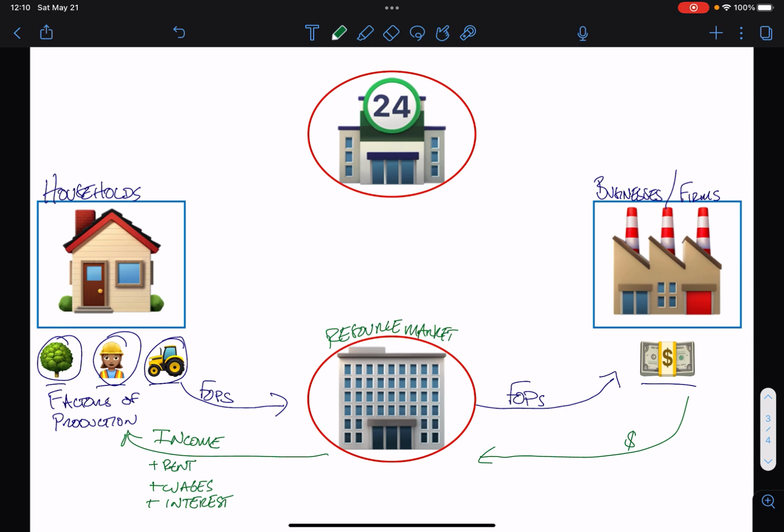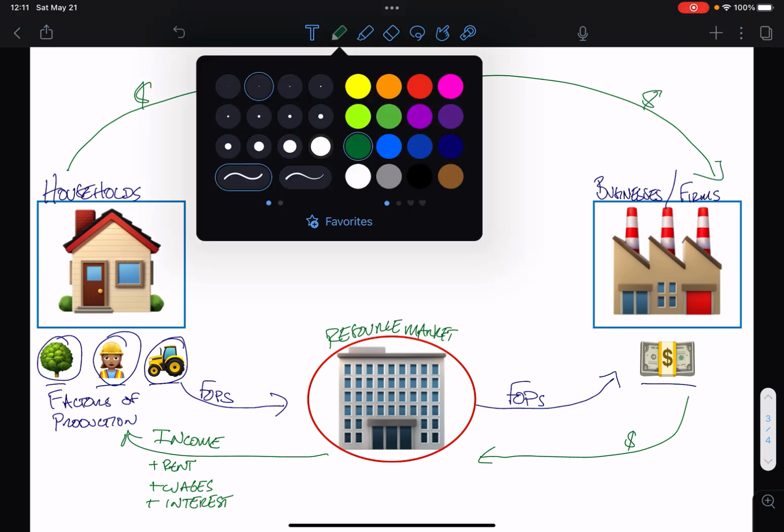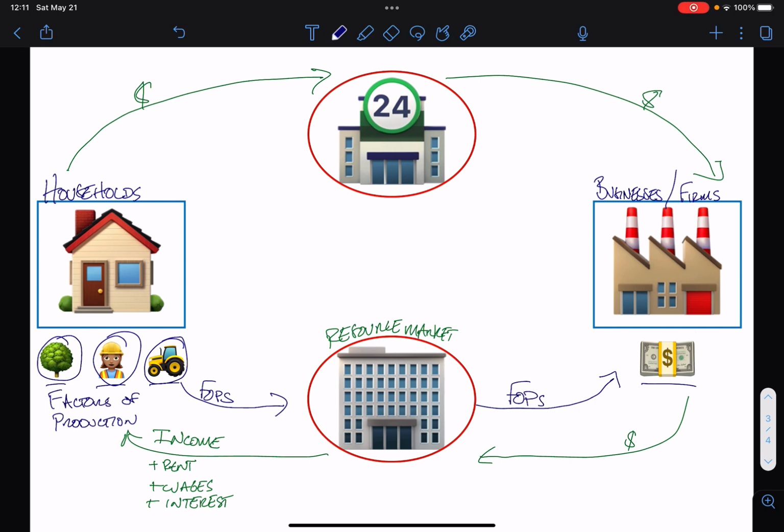We want money because we can buy baseball tickets, hamburgers, socks, and all sorts of other things that we need and want, which is what households do with their income. They spend it in this top market, sending it to the firms in exchange for the goods and services that the firms have used the factors of production to produce.